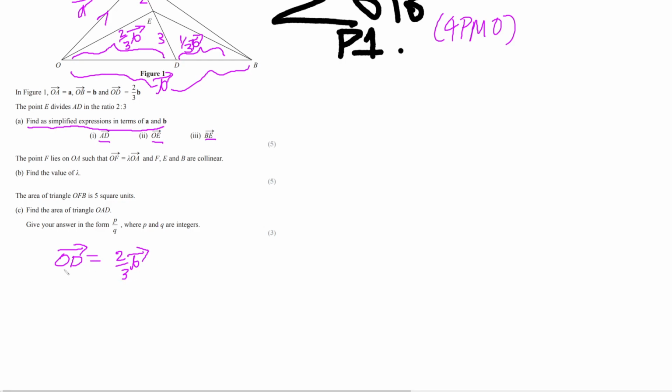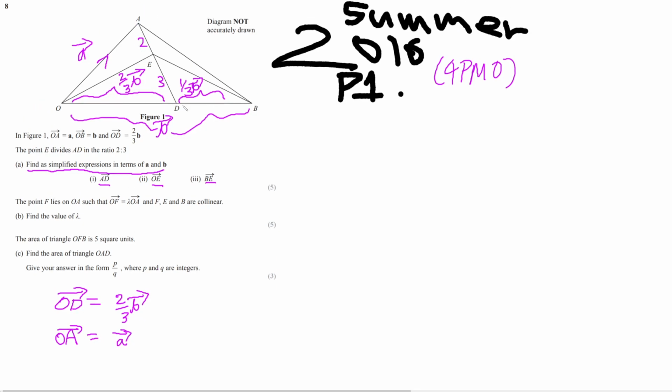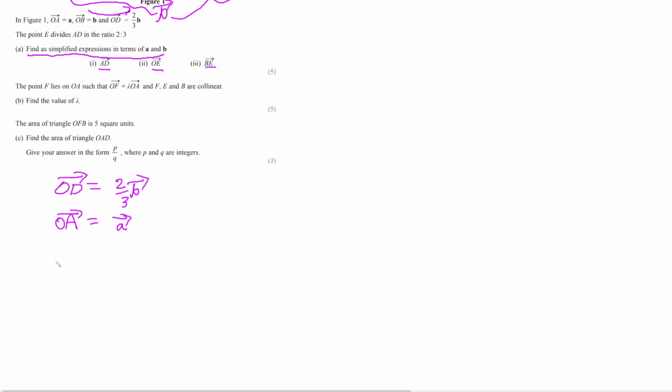At the same time, OA we already know is the vector A. So if we're looking for the vector from A to D, you are going backwards along the vector OA and then forwards along the vector OD. So overall, the journey you're making, AD, is minus OA plus OD, or overall, minus A plus 2 over 3B. And that is our simplified expression in terms of A and B. That's AD.